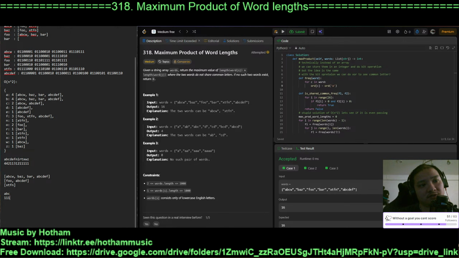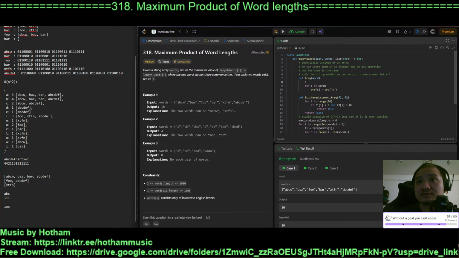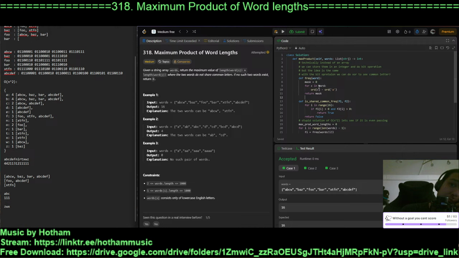So the question is, do we want the reverse, right? Instead of this with ZWX, because we want to just shift by, okay, bit mask 0. We just return the mask, right?